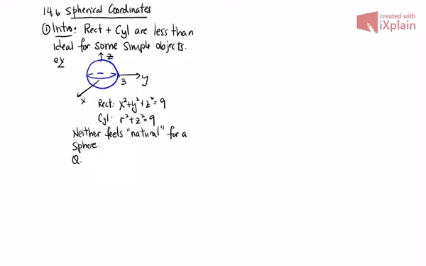So question, is there another way? The answer is actually there are many, many different ways, but yes, there's one particular nice one. So spherical coordinates will do the job.